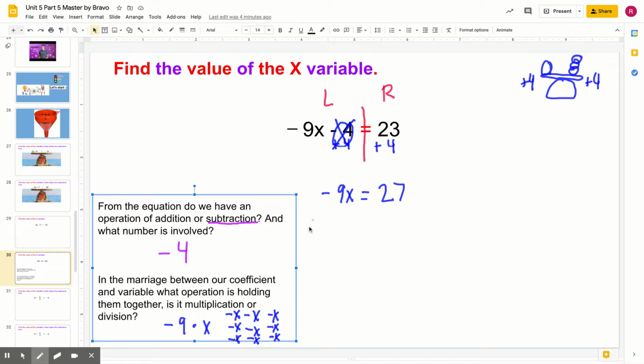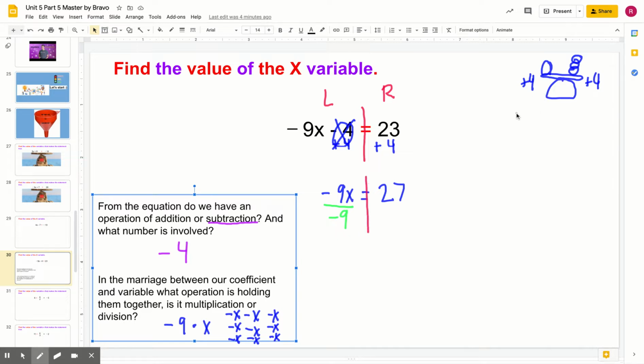Like I said, you're basically doing the opposite of what you see. So to get rid of that negative 9 multiple part, we're going to divide negative 9 out. Once again, you can split this equal sign into two pieces, left and right.